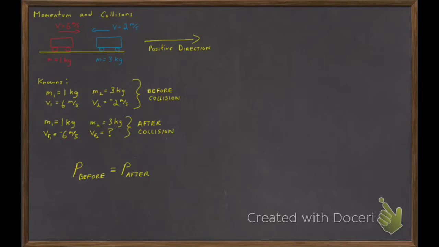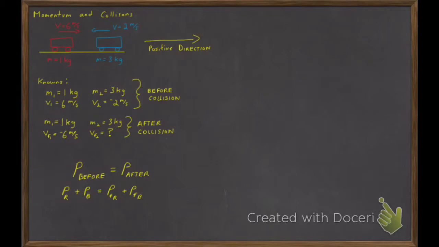So it's the momentum of the red cart, so I'll say momentum R, plus the momentum blue equals after P, we'll say final R plus P final blue. Okay, that's what it's saying.